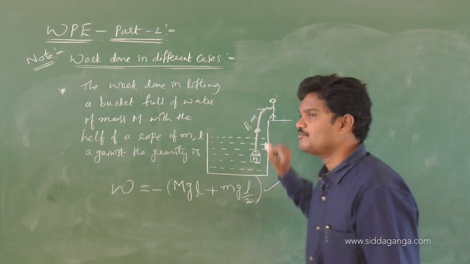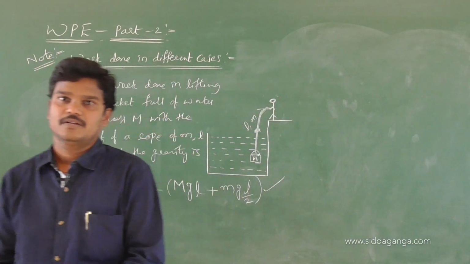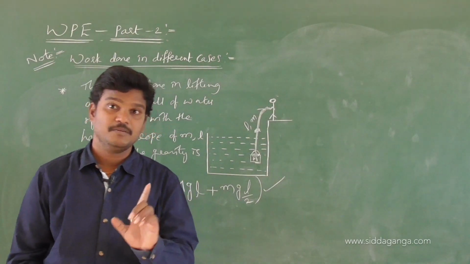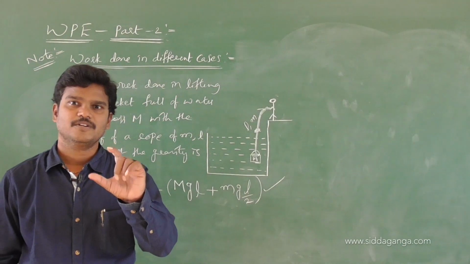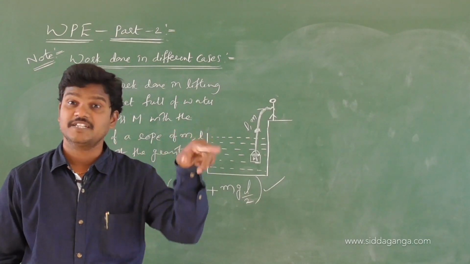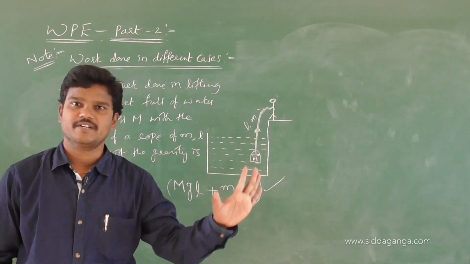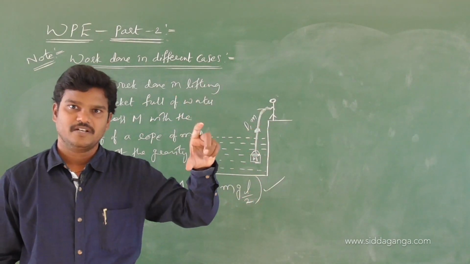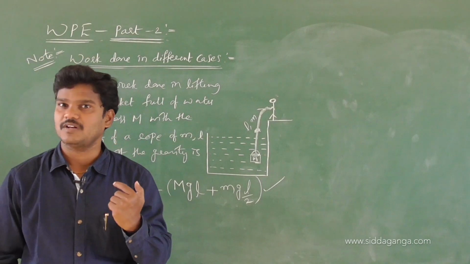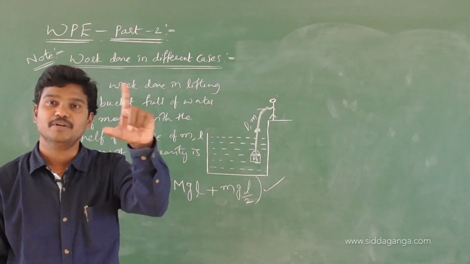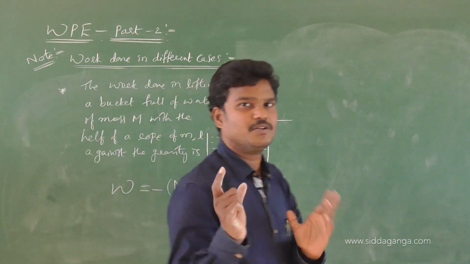Actually, it is the center of mass. For a uniformly distributed object, keep in mind, you can go for the center of mass. Wherever the h is there, you can take the midpoint. H is nothing but the center of mass. mgh is our formula, and h you can take as the midpoint of that wire.